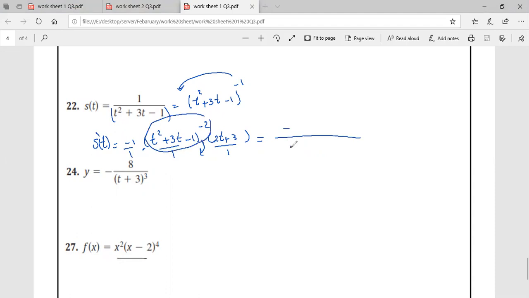It will be t squared plus 3t minus 1 all to power 2. What will be in the numerator? Negative 1 and this one multiply together. Negative 1 multiply 2t plus 3. Then distribute the negative sign on this bracket, it will be negative 2t minus 3 over t squared plus 3t minus 1 all to power 2.